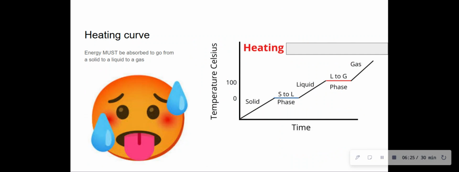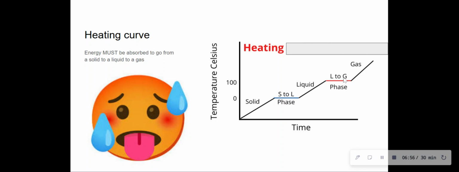So there's also these two things, the heating and cooling curves, which you'll need to know about. Basically, you see that at 0 degrees Celsius, there's no change in temperature, meaning that solid and liquid are equal there.